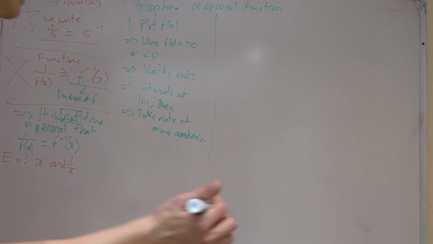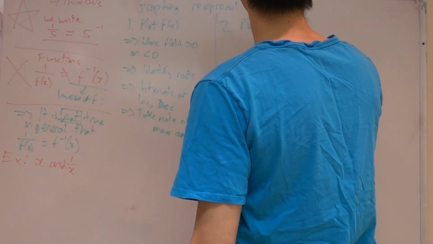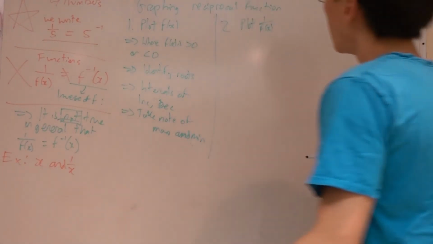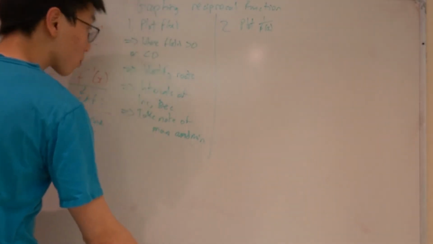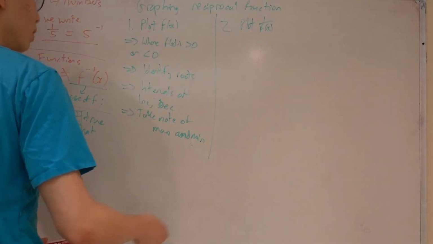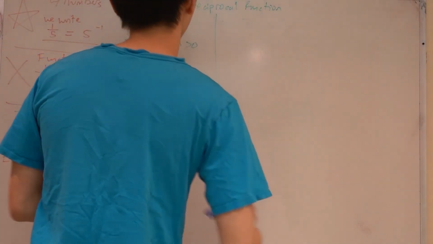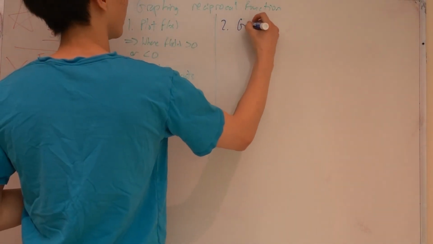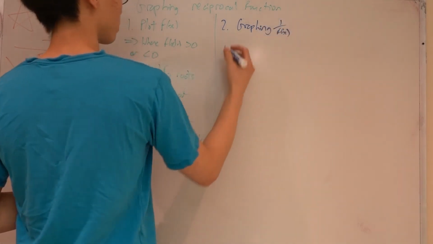Okay. Your second goal is now to plot 1 over f of x. Okay, and here's how you do it using all of this information. Okay. So your first step, let me do it in a different color actually. Let's do it in blue. So graphing 1 over f of x. Okay.